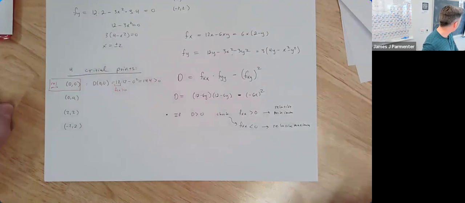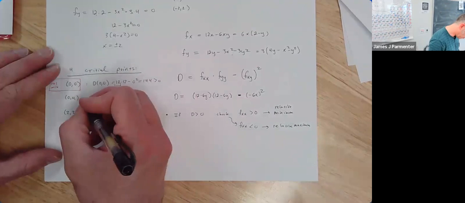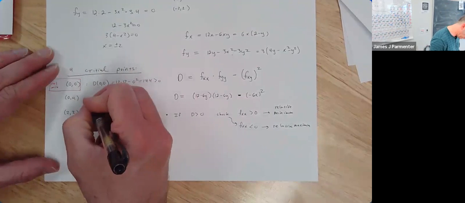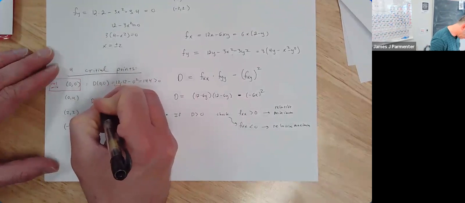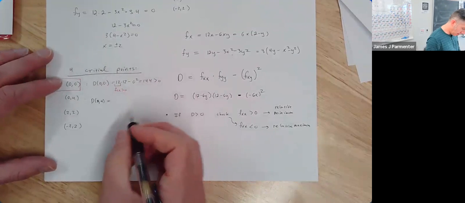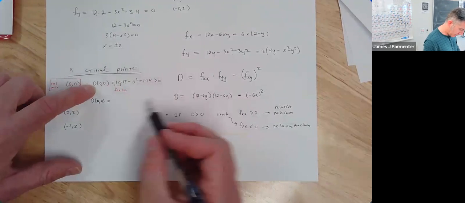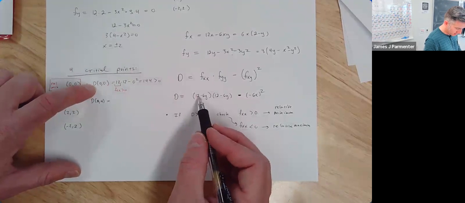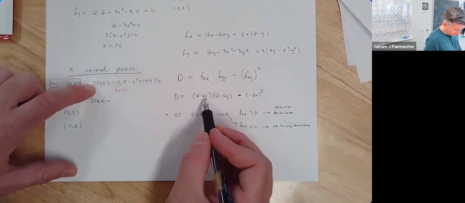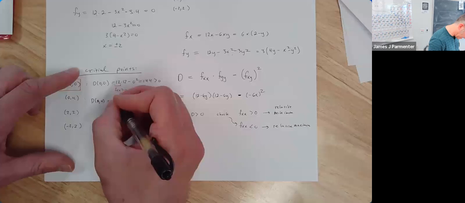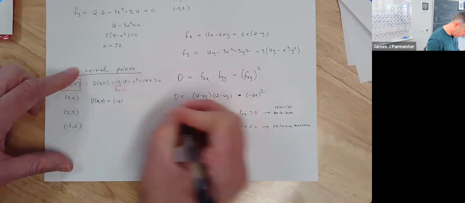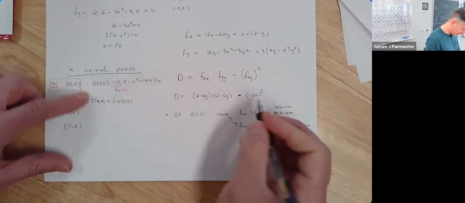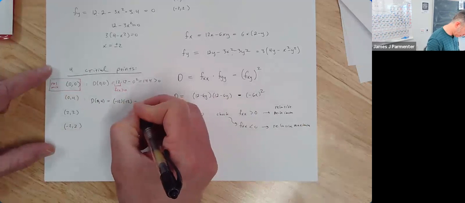Let's look at how it happens at 0, 4. So I'm going to calculate, I should have left myself a little more room here. The D of 0, 4 is going to be, well, plugging in 0 for x and 4 for y, 6 times 4 is 24. 12 minus 24 is negative 12. Again, a negative 12. And if x is 0, I'm just subtracting 0 again.